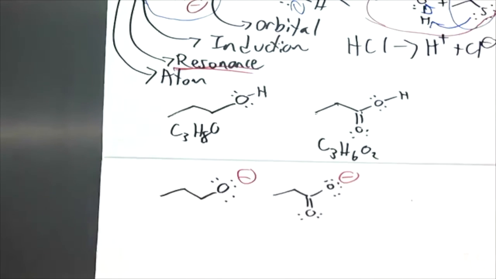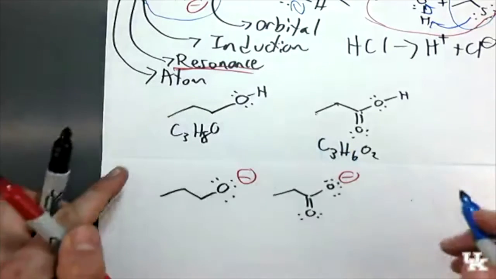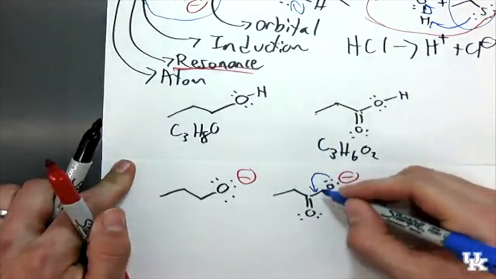Both of them are negatively charged because they just gave up their proton to some stronger base. Okay, which one of these has resonance stabilization? Can you already see it? Hopefully, you can see that it's the second one that has a resonance stabilization.